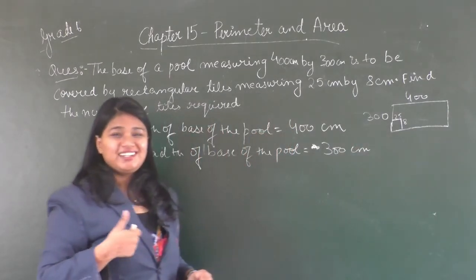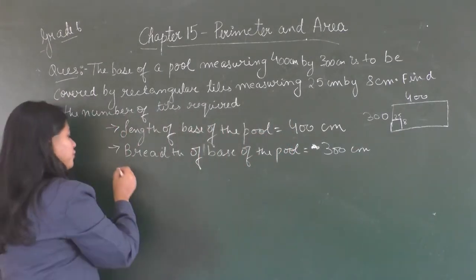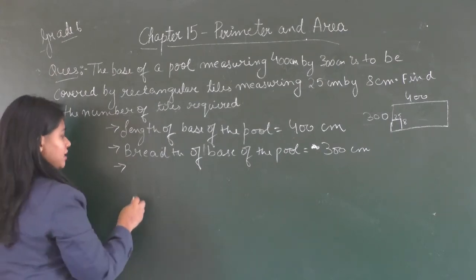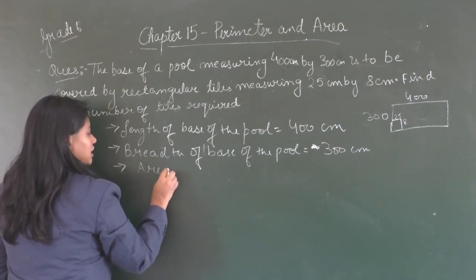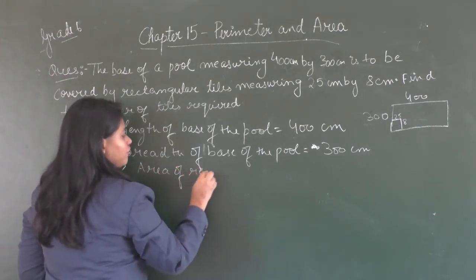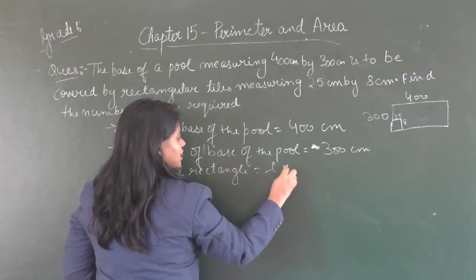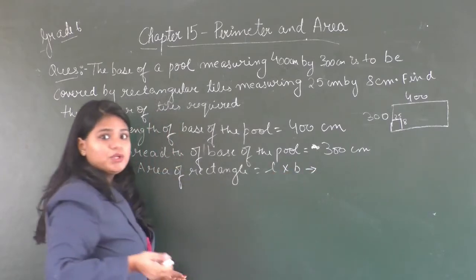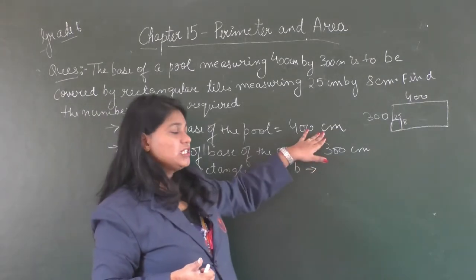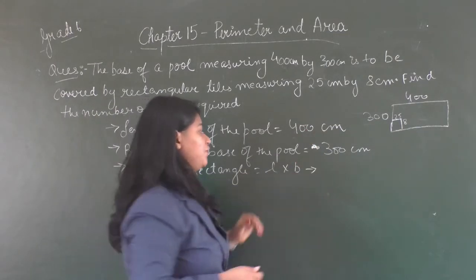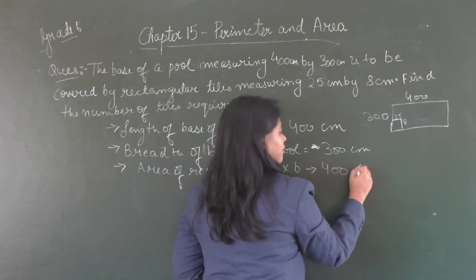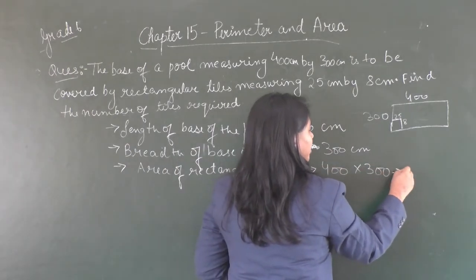So we understood that it is a rectangle. We know the formula for area of a rectangle, that is length into breadth. So I will write area of a rectangle is equal to L into B. We will substitute the values. So length is 400 and breadth is 300. So let's multiply 400 into 300.